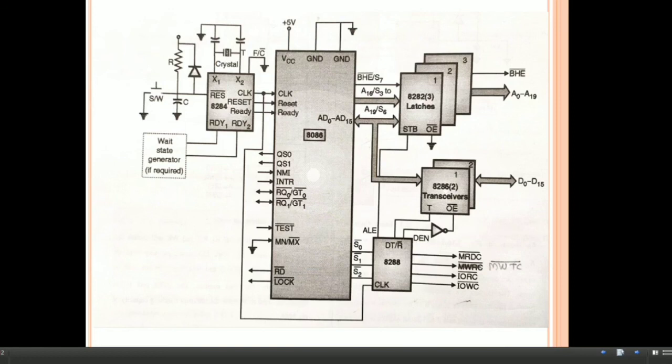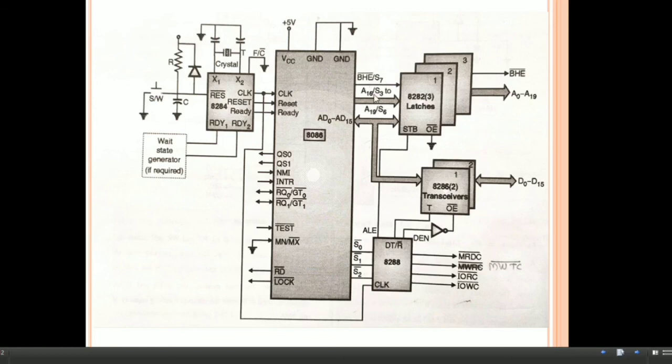Here you can observe that for the 20-bit address, the latches required are total 3 latches, and for the 16-bit data signal we require 2 latches. Here the signals connected to these latches are AD0 to AD15, A16 to A19 and BHE bar.